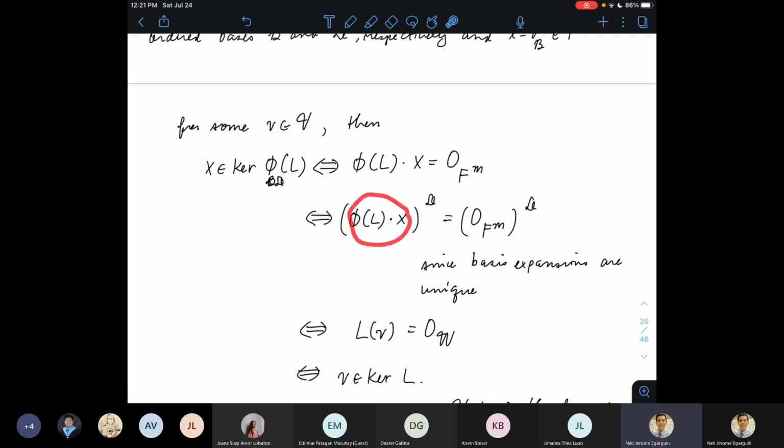I-convert ko siya doon sa vector space. But this guy, the right side, is equal to the left side, so I can do exactly the same thing to it. Treat it as a vector of coordinates, convert it back to the basis of the codomain, and they should remain equal with each other.